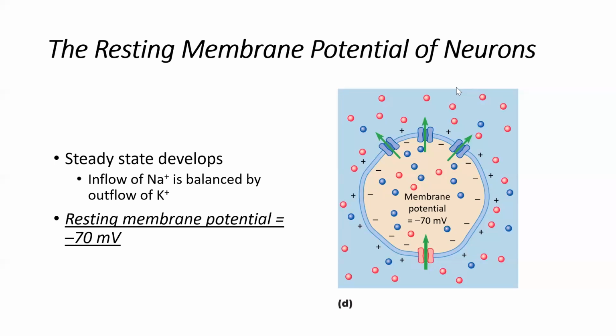And so once we set up the resting membrane potential, the pump and the channel, sorry, are going to maintain this environment inside the cell. So this is essentially how we got to this place of -70.